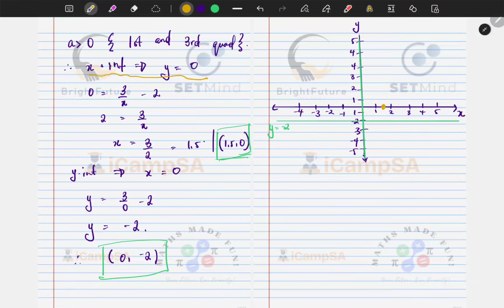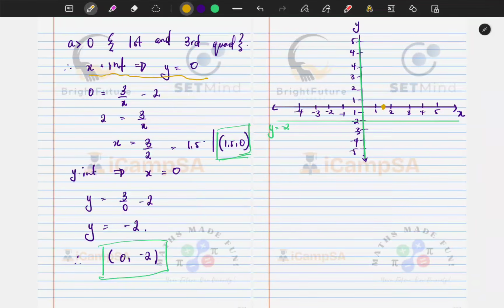And then the other one is y equals -2. So at some point it will touch the graph, right? So we don't have to really write it. We can just stop it here, and this is how our graph will look.